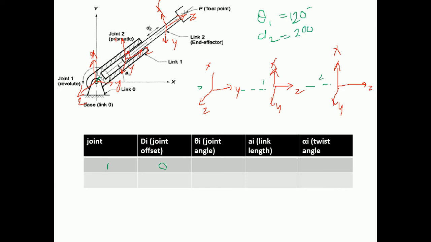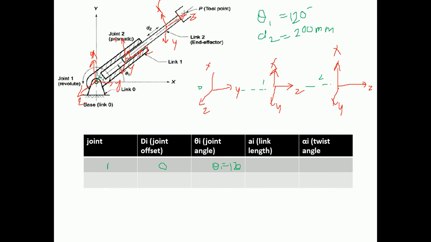So when we rotate about the red axis so that the x axis is parallel to the common normal, that is a variable which was provided in the question. So over here we write theta 1, or you can write 120 degrees.